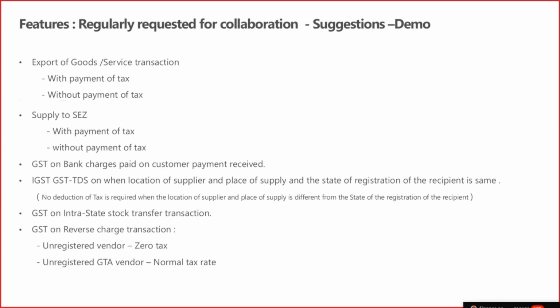And again, whatever tax is paid is refundable as well. So accounting is different and the treatment is different, because even if the supplier and receiver are both in the same state, the tax will be IGST. So that is the behavior required for export and SEZ. And if time allows, I will discuss quickly those two scenarios.